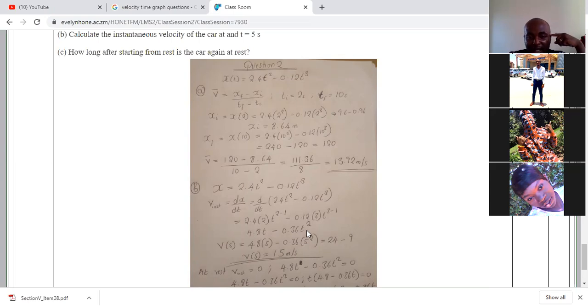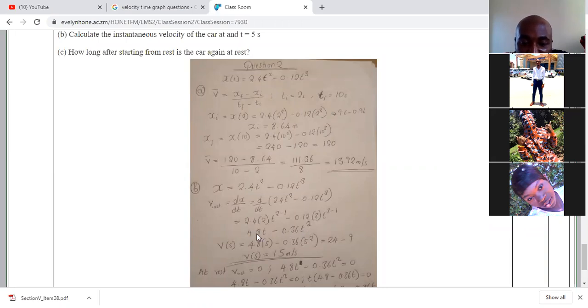You get it? So this function, all of it, you should equate to 0 to find the time when a particle is at rest. When the body is at rest, the velocity is 0, so you have to equate this velocity function to 0.